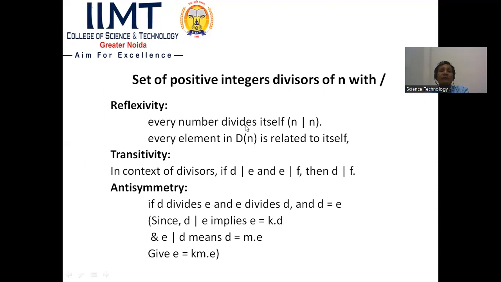Since we know every number divides itself, so we can say reflexivity property holds. Transitivity property also holds because D divides E and E divides F, then it is obvious D divides the largest number F. Antisymmetry holds since there are cases when we say D divides E and E also divides D. That means these two numbers are equal.